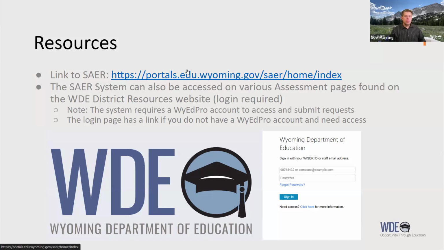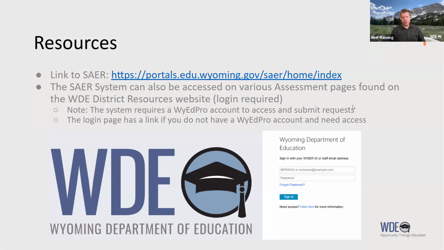Okay, so I believe this is the second to last slide here, and this is just a list of resources, and really there's only one, and that's the direct link to the SAYER system. For those that don't have immediate access to this presentation, however, the SAYER system can also be accessed on various assessment pages found on the WDE District Resources website.